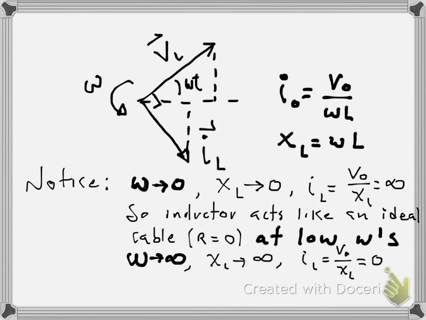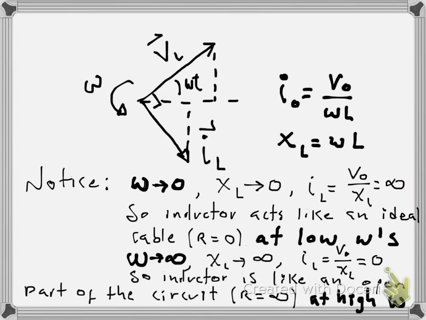The opposite end of this is when the frequency of the source is very high. Then our equation tells us that the reactance of the inductor goes to infinity and that the peak current goes to 0. So that allows us to conclude that an inductor behaves like an open part of the circuit. It's as if we had disconnected that part of the circuit, leaving a gap there, which we can characterize as an infinite resistance between the two loose wires to which the inductor used to be connected.